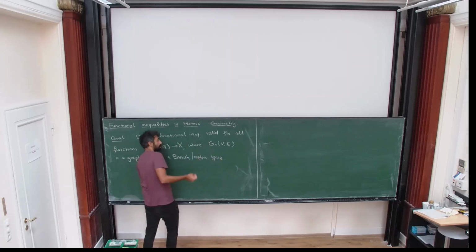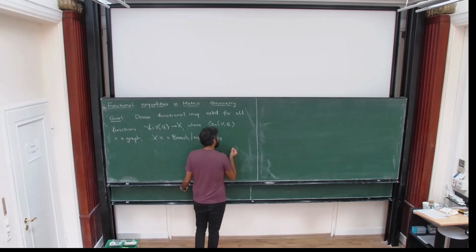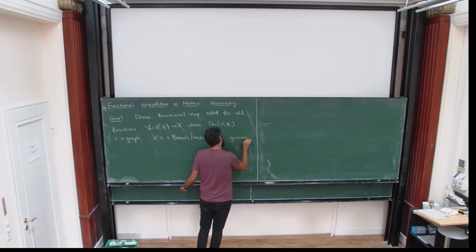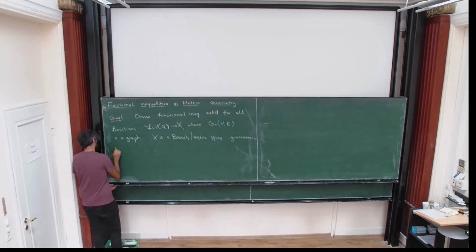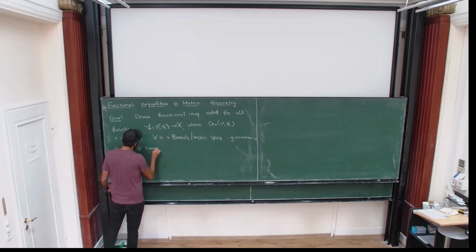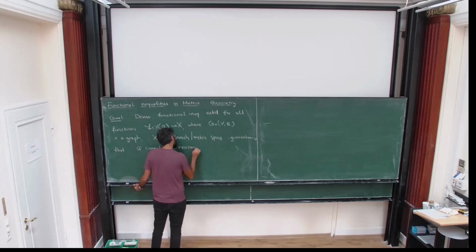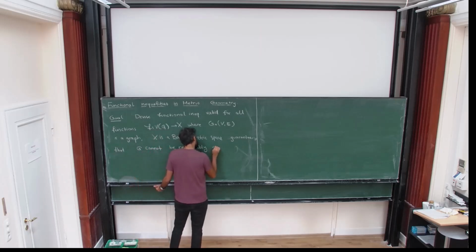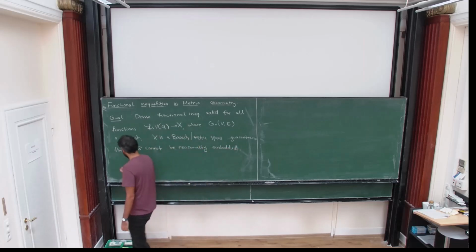So devise inequalities which are valid for every such function, which, let's say, guarantee that G cannot be reasonably embedded into X. Okay.